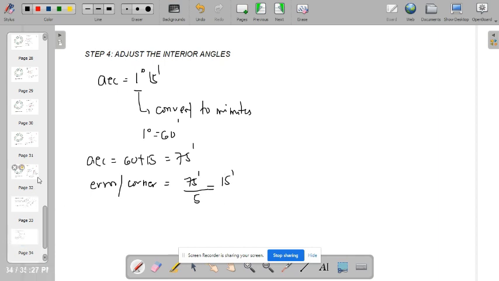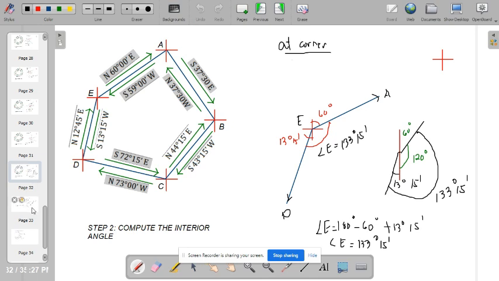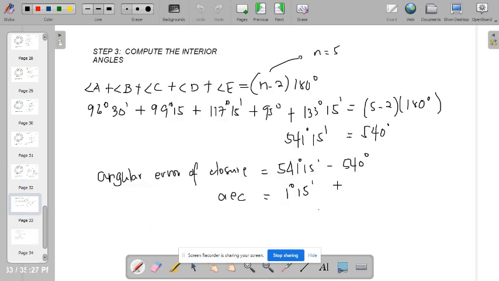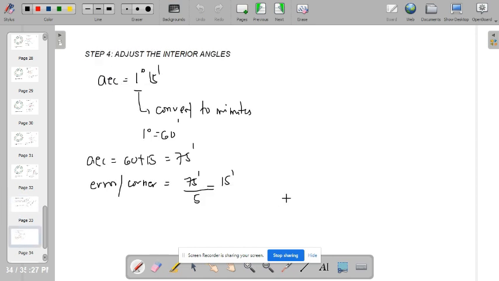Okay? Now, look back at your angular error of closure. Your computed interior angles are more than the supposed to be angles of that polygon. It's more than by 1 degree 15 minutes. So therefore, in order to balance it, you have to subtract 15 minutes to each corner.